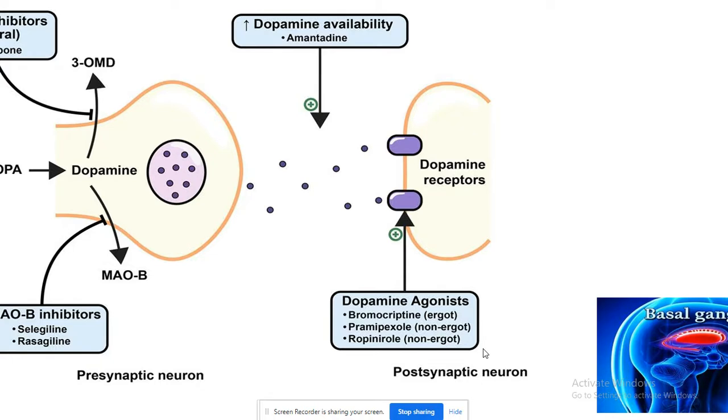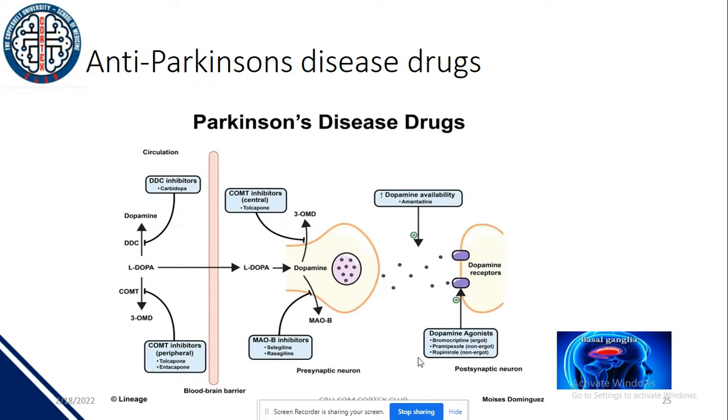So in this case, these dopamine agonists are going to bind to dopamine receptors so that they open more and more dopamine can get entry to the postsynaptic neuron. This time around, could be in the caudate or the putamen. So this was just to show us some of the drugs that we can use to treat Parkinson's disease.